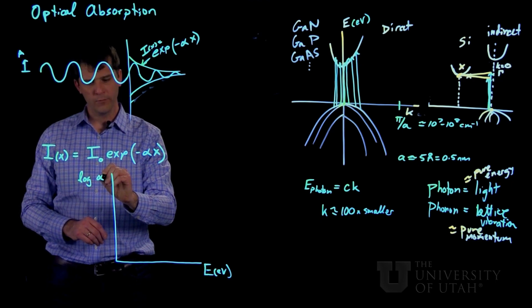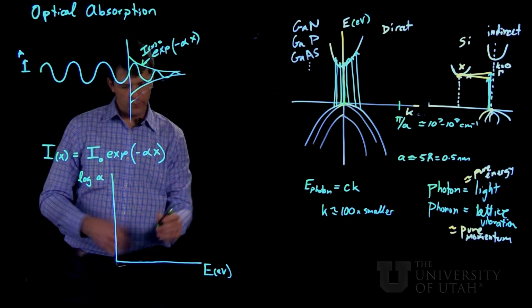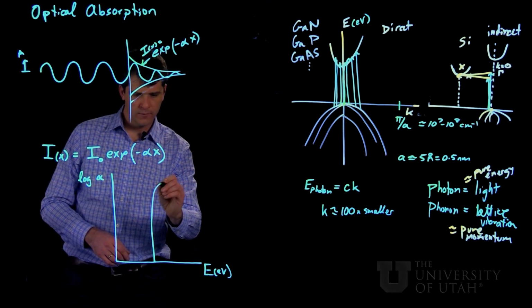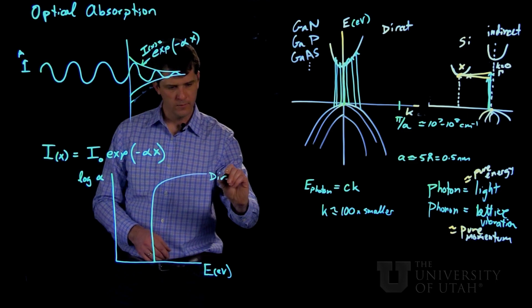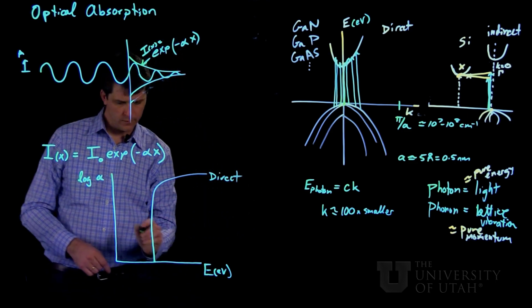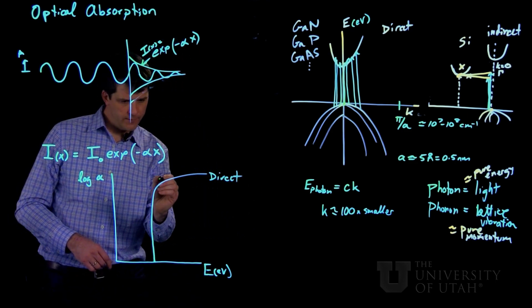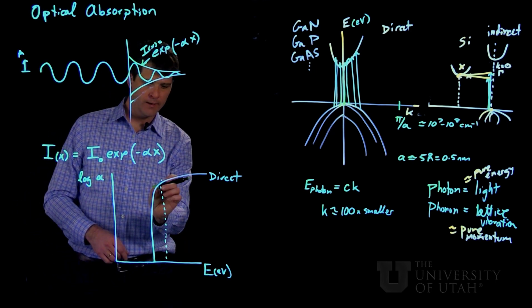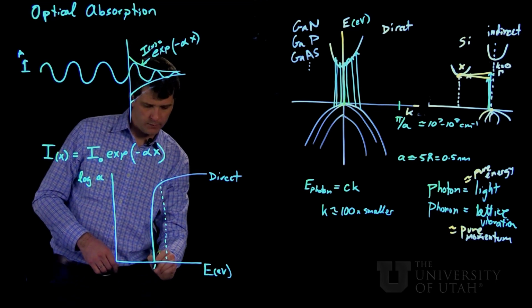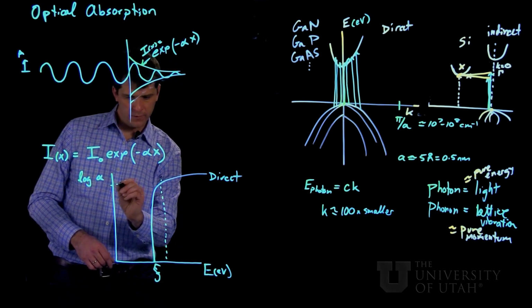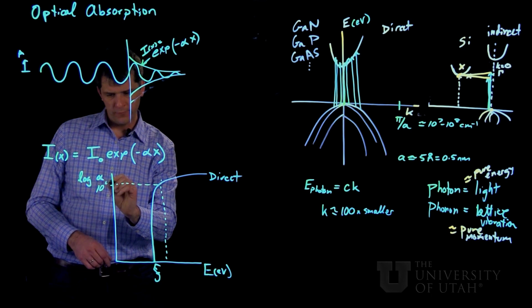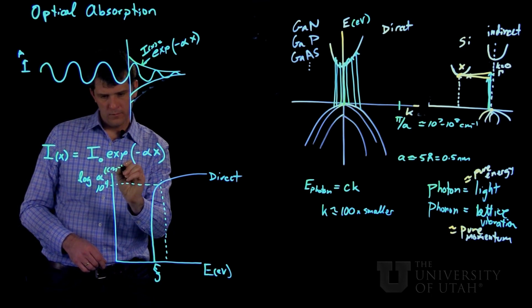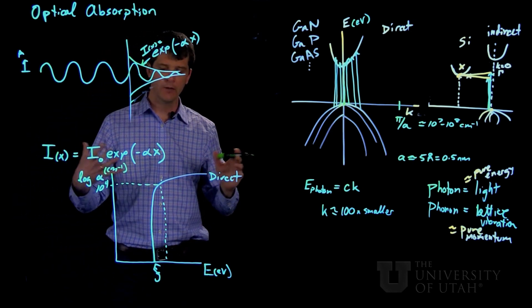So usually we have to present this on a log scale because it turns out once you hit the band gap, the absorption rises very steeply, especially for a direct gap semiconductor. So the value somewhere within about a half an electron volt of the band gap itself, a typical value is about 10 to the fourth inverse centimeters for a direct gap material.